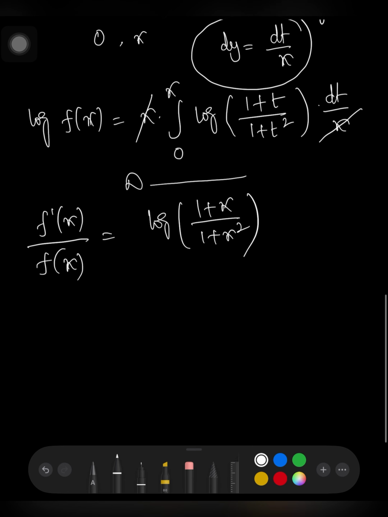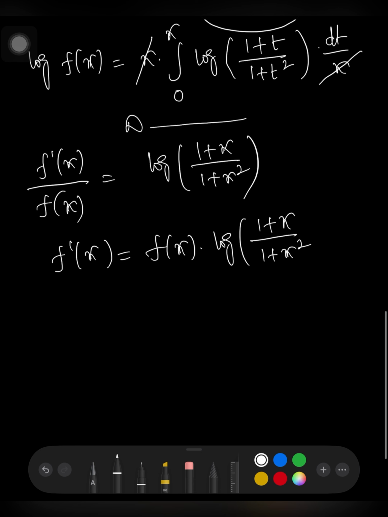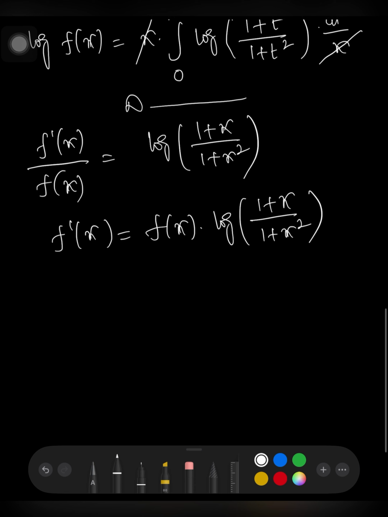Now if you observe this, we can write f dash of x equals f of x into log of (1 + x) by (1 + x²). So clearly for x greater than 0, f of x is greater than 0, and let us look at the log of (1 + x) by (1 + x²) when x is greater than 0.